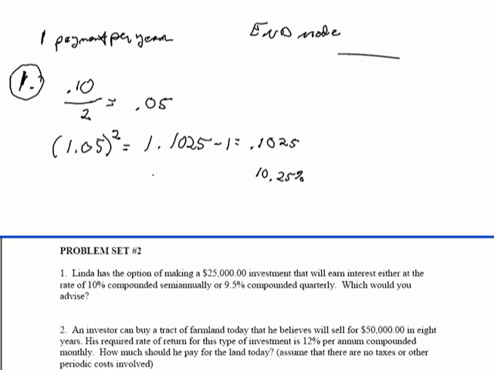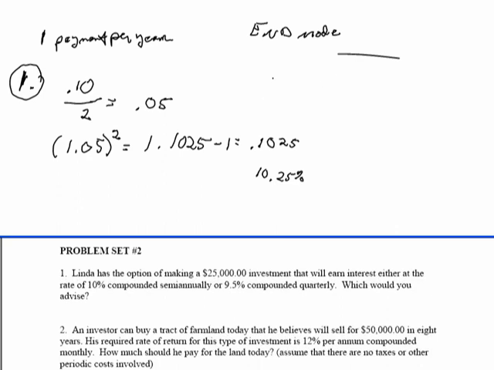Okay, so a rate of 10% compounded semi-annually gives us a compounded annual rate of 10.25%. So I can actually expect, if I invested a dollar at the beginning of the period and it was invested for 1 year, I'd actually make a return of 10.25%.